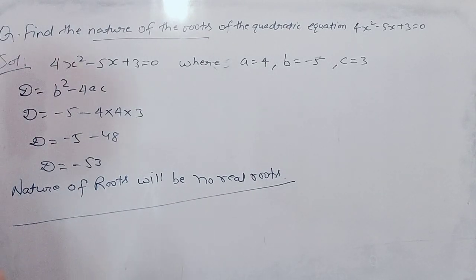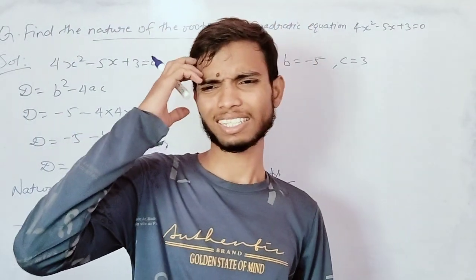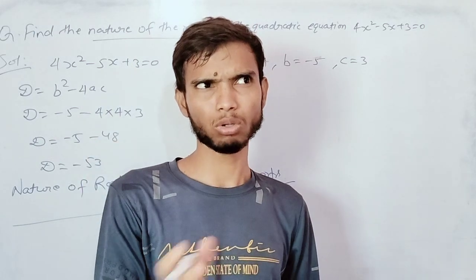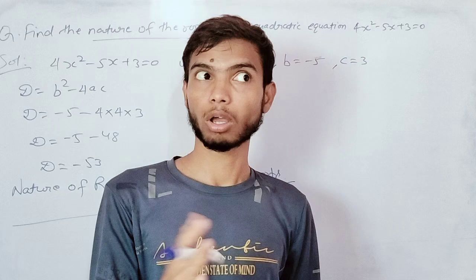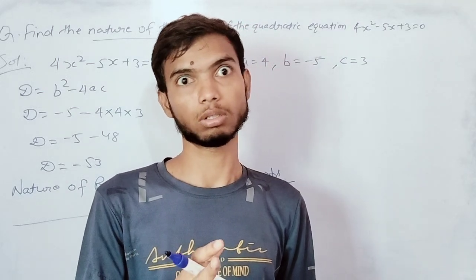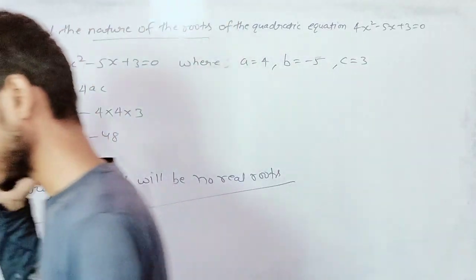If D is equal to 0, then we can say real numbers, and both roots will be equal.